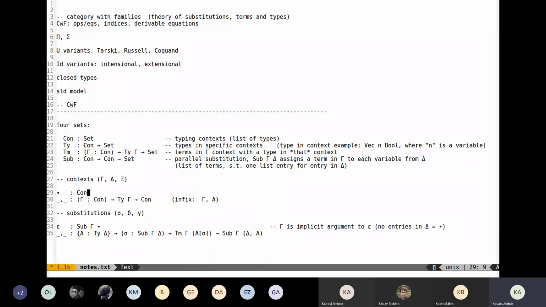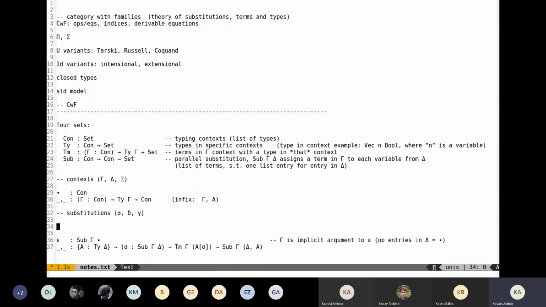But I mentioned that the substitution is a list of terms, and every term in the substitution has to be in gamma. So I can only extend this list with a term which lives in gamma. So I have to use a substitution of types here to bring A into gamma.